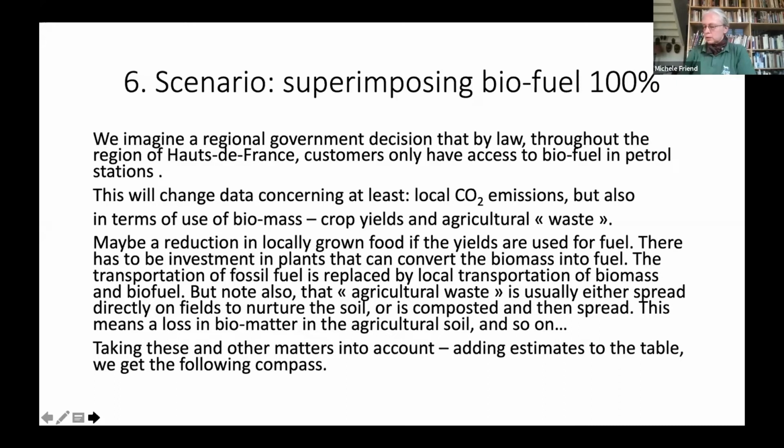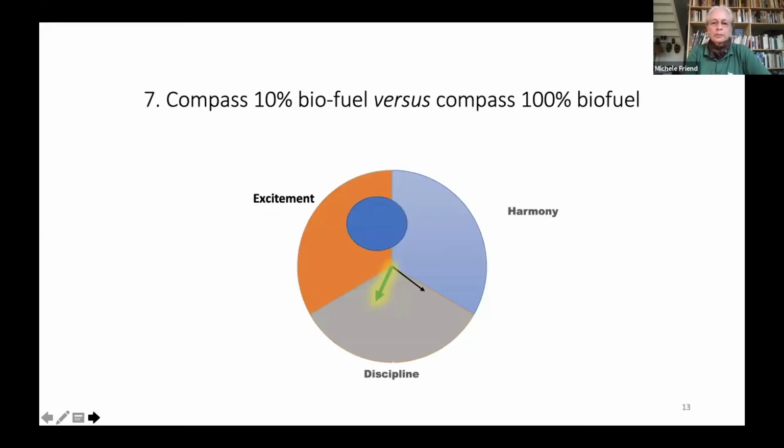So we take these and other matters into account, adding estimates to the table, and we get the following compass. So now we have the black arrow, which is normal, how things are going right now. And the green arrow, we see a big shift when we add biofuel to the region.